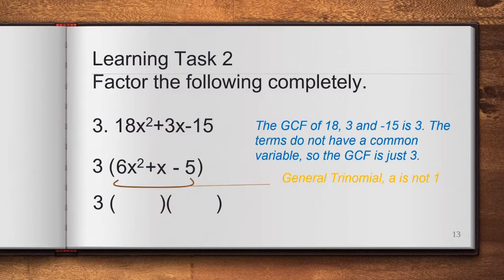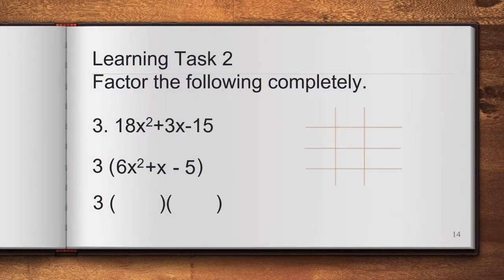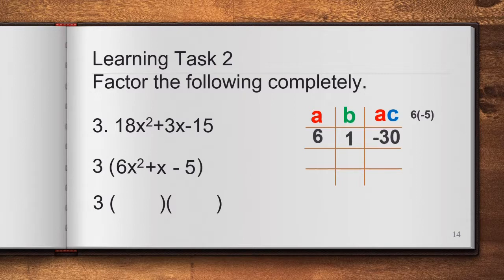Gagawa tayo ng grid. Tingnan natin yung grid. We will write A, B, and AC. Ang A ay 6. Doon na tayo sa bagong trinomial, hindi na doon sa 18x squared. So, 6, 1, and then AC is 6 times negative 5, which is equal to negative 30.